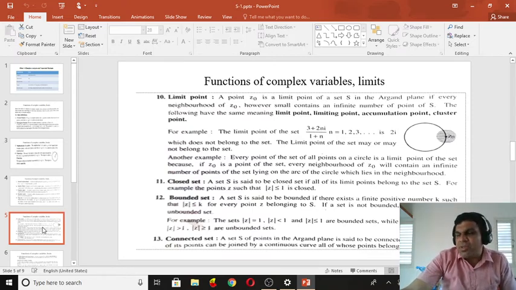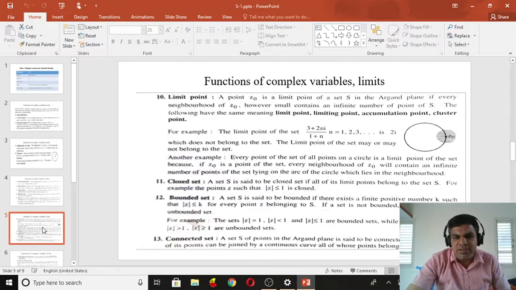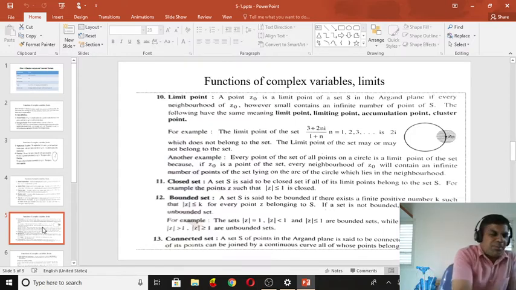Now, what is said to be a connected set? A set S of points in the Argand plane is said to be connected if any two of its points can be joined by a continuous curve, all of whose points belong to the set.